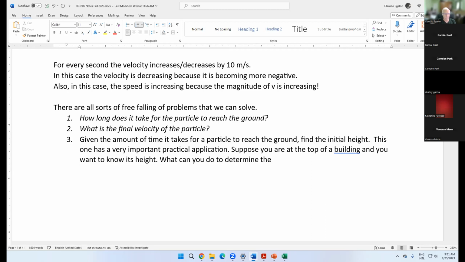What can you do to determine its height, right? The height of the building. You're going to do that, right? So here we go. Another example.